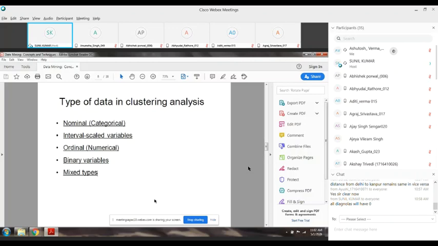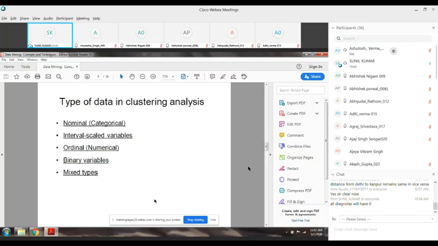Here you are providing a name. The other is the interval-scaled variable. Interval-scaled variables follow certain kinds of intervals, like 0 to 10, 11 to 20, 21 to 30. Age you have divided, income you have divided.